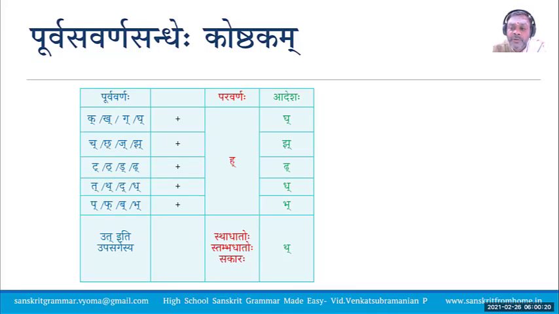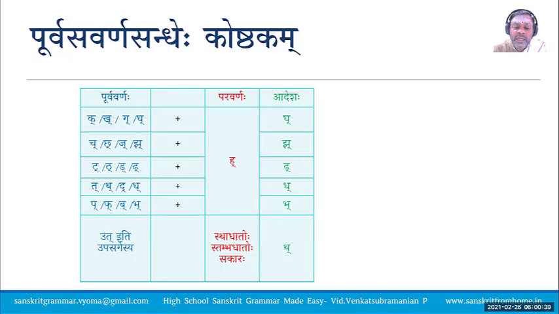Dhatu is the root form of a verb. There are 2000 dhatus, out of which there should be only two dhatus, which are the Stha Dhatu and the Stambha Dhatu. When this occurs, the Poorvasavarna happens.